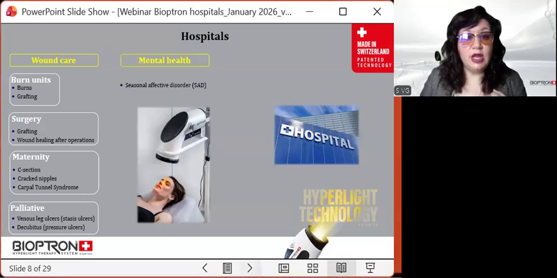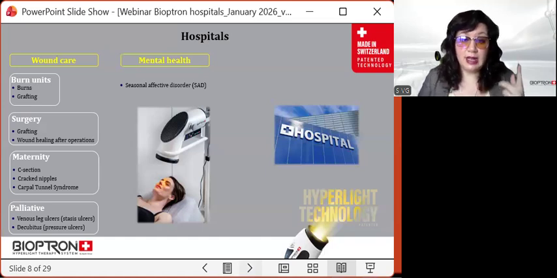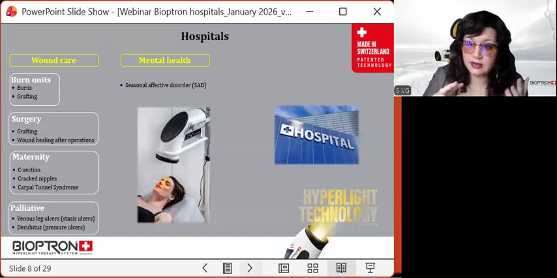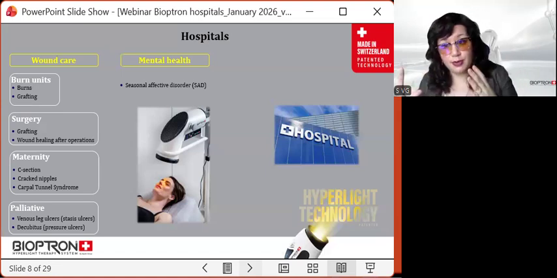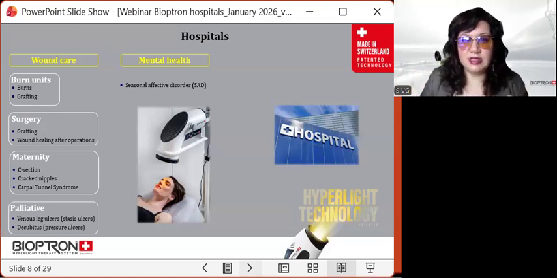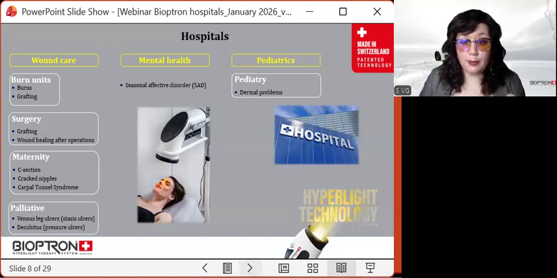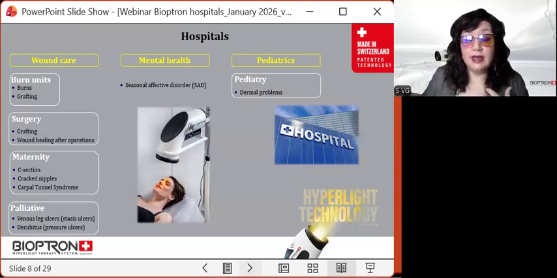In hospitals, you can also approach the mental health units. You can help the patients there for seasonal affective disorders, but also other pathologies with depressive-like symptoms. And of course, you can approach pediatric units to help with the dermal issues that newborns can have.